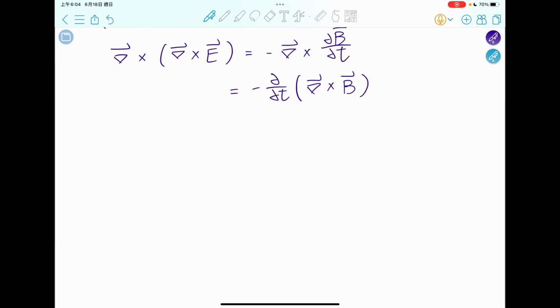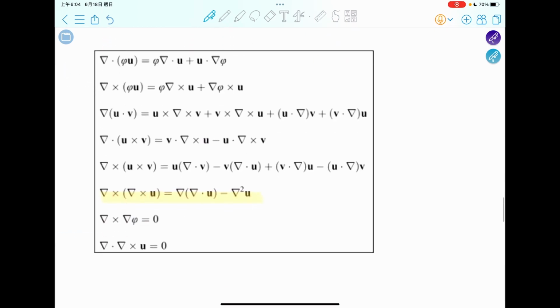And for this term, we're gonna use a vector identity, this one.